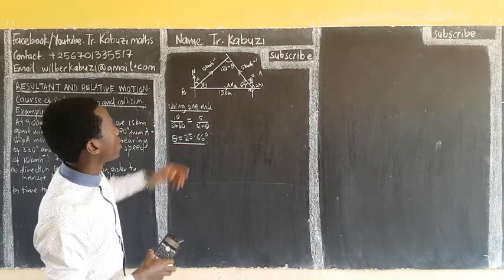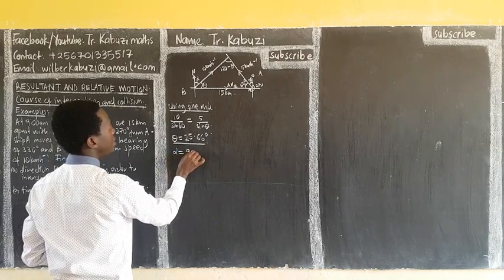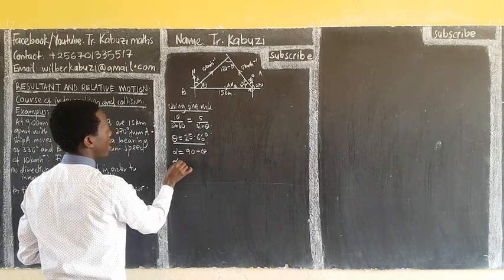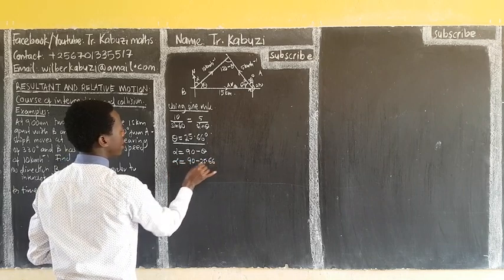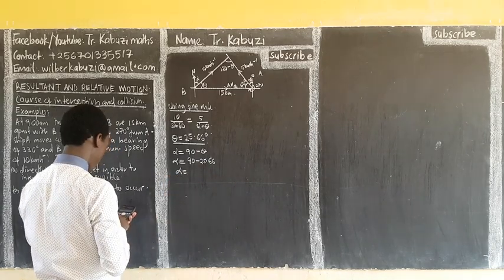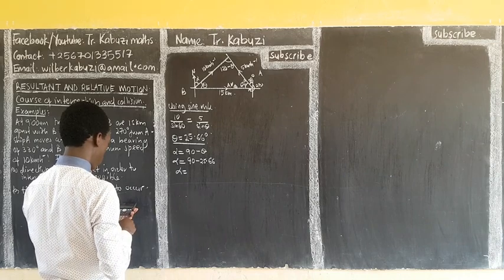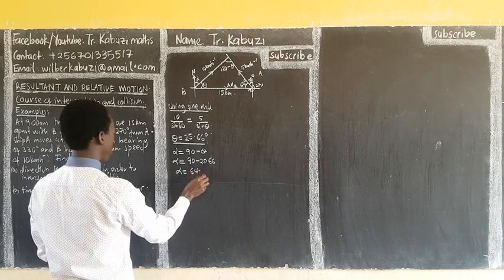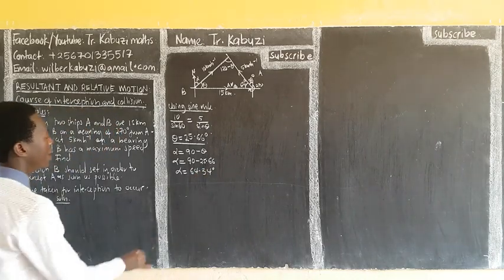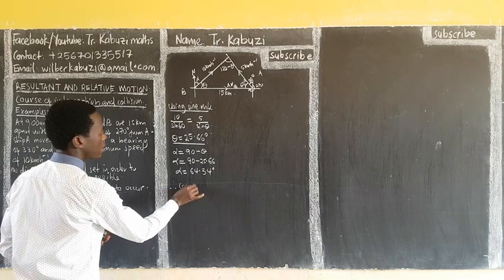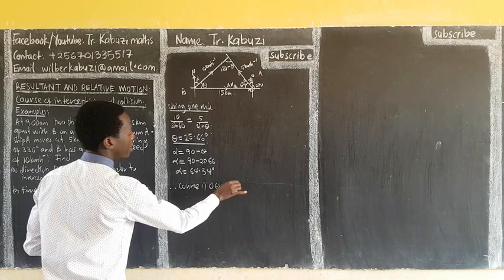So now we need this course. It means that now our alpha is going to be 90 minus theta. So our alpha is going to be 90 minus 25.66, which gives 64.34 degrees.